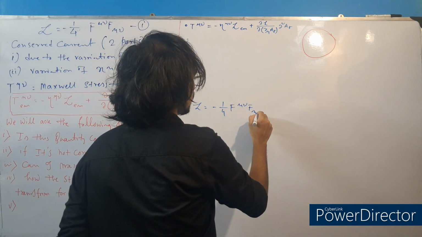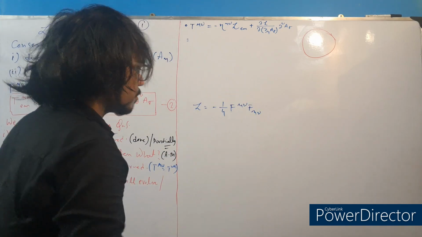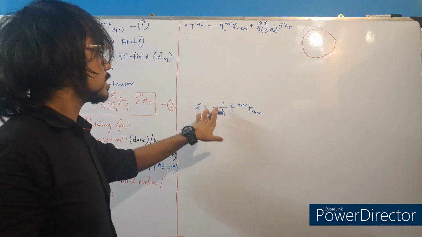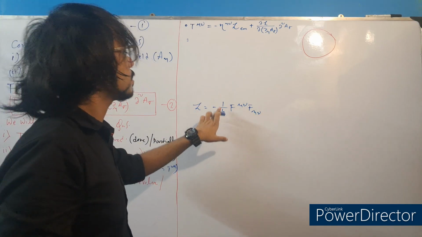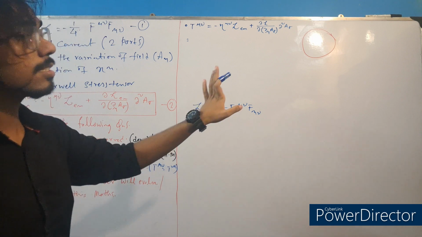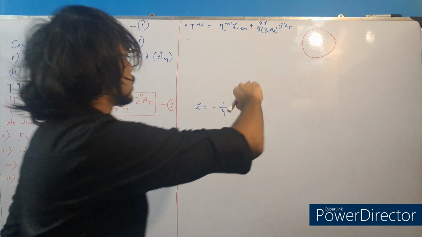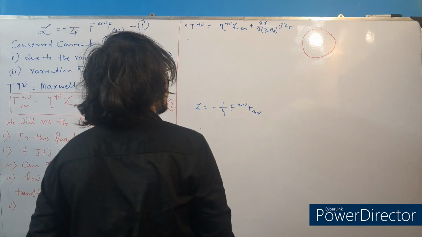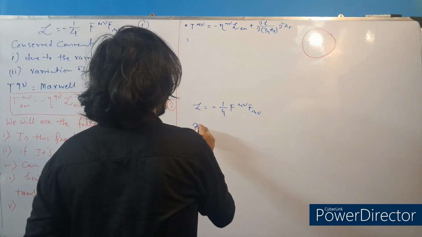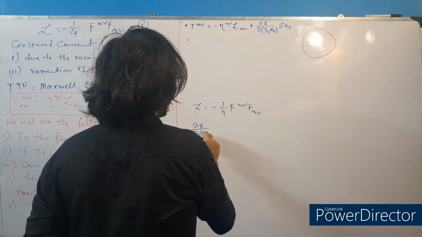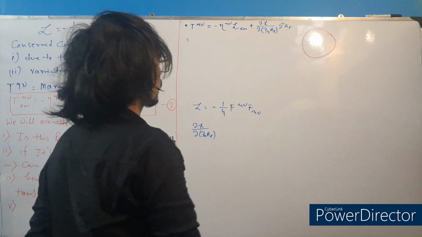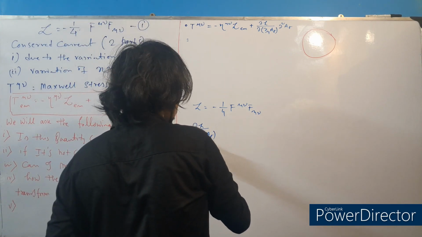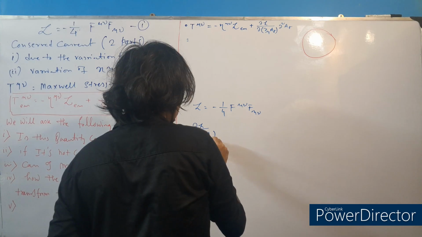F mu nu F mu nu. It is very confusing for me also sometimes, because in different units the Lagrangian sometimes has 1 by 4, sometimes 1 by 4 pi, sometimes 1 by 16 pi, depending on the system or the unit we are in. But certainly I will not take any pi here. If I take del of del mu A sigma, sorry, I can't use mu also, so I think sigma and rho.